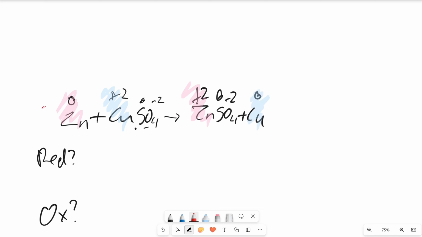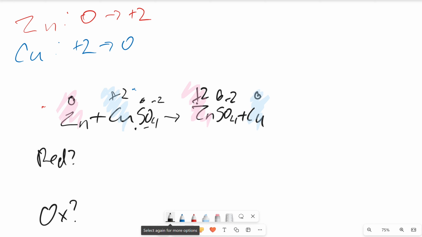I'm going to try to color code it. So the pink highlight is going to be red and the blue highlight is going to be blue. Okay, so let's look at zinc. What is zinc doing? Zinc is going from 0 to +2. Okay. And we know that copper, Cu, is going from +2 to 0.